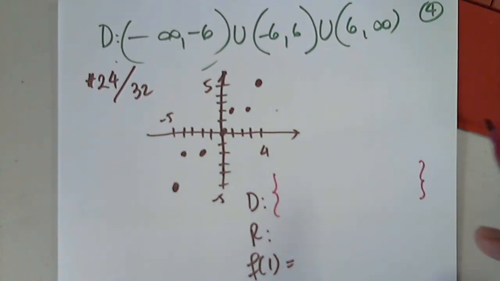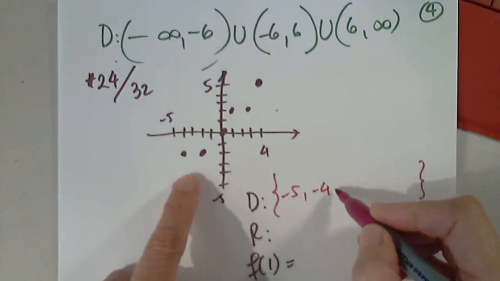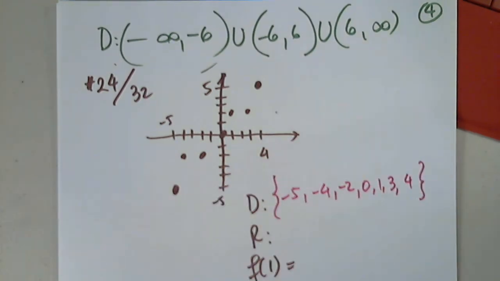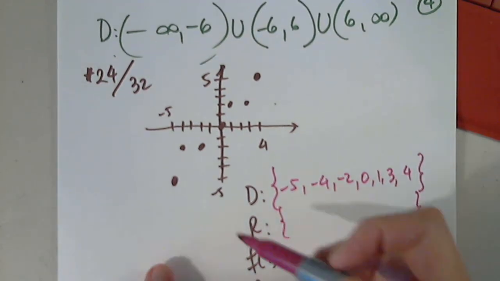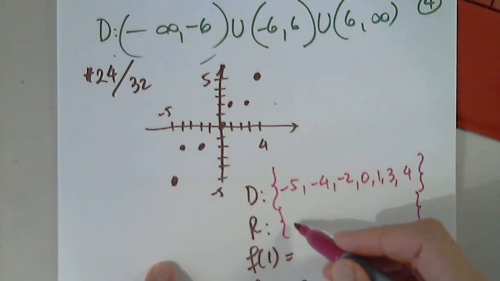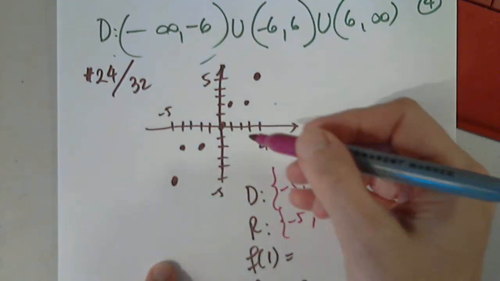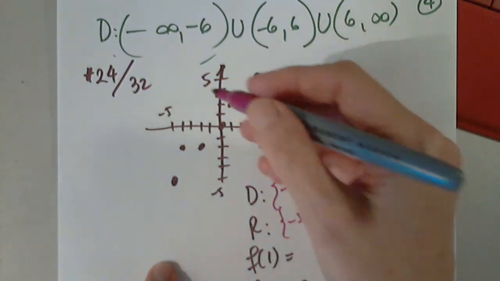So I have to list negative 5, negative 4, negative 2, 0, 1, 3, and 4. Perfect, excellent. The same thing for the range. So I have to list negative 5, negative 2, 0, 2, and 5.